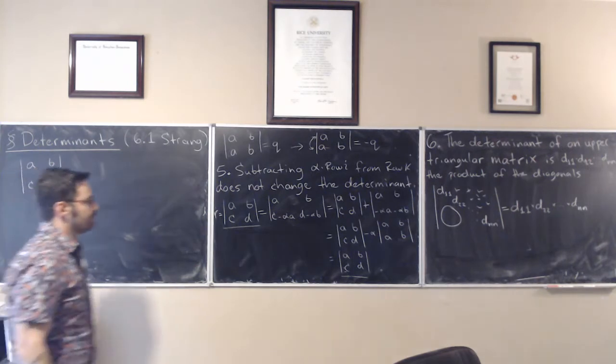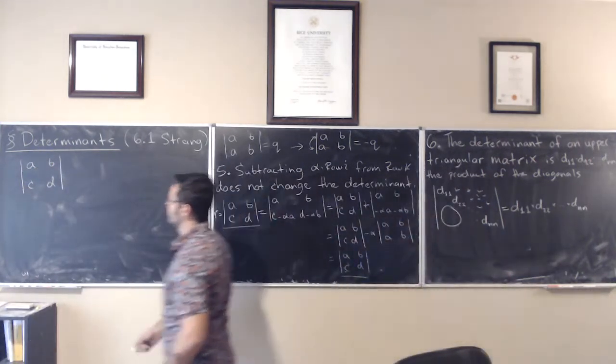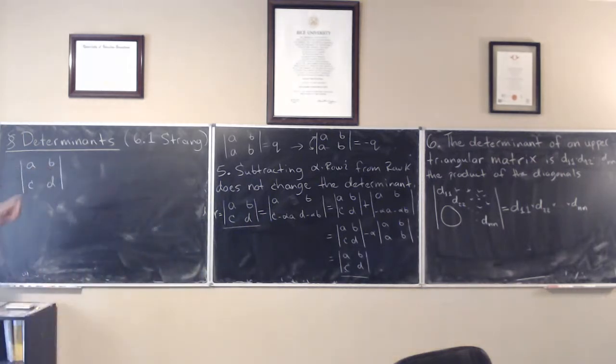Okay, so how can we verify this formula? This is not an upper triangular form. We need to make C equal to 0.